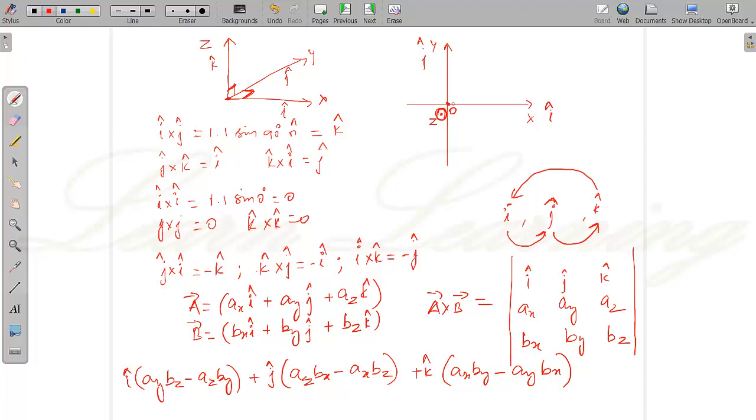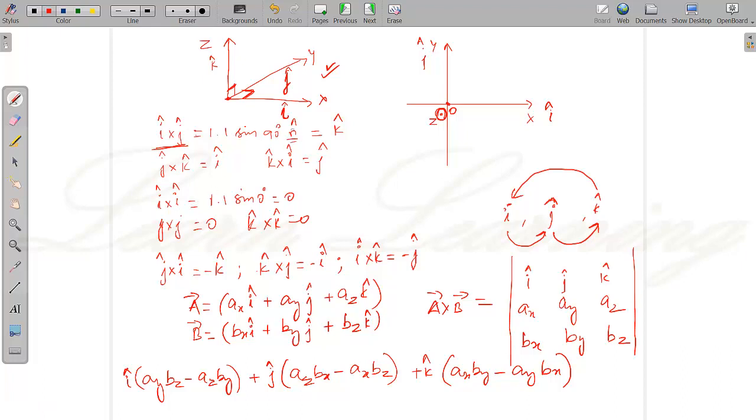I cannot draw that on this plane, so if I draw it in a different direction, it comes like this. This is the I vector, this is J, and this is K. All are perpendicular to each other. Now what is I cross J? It is 1 into 1 sine theta, where theta is the angle between those two, times a unit vector.